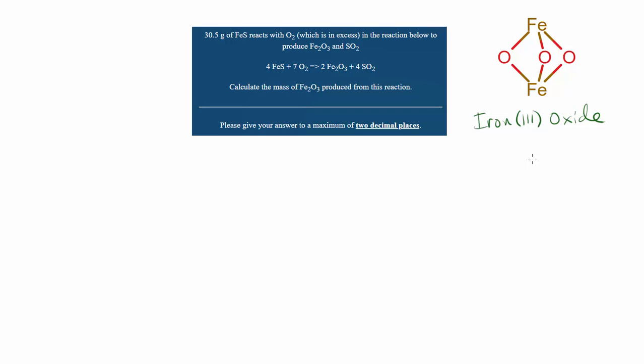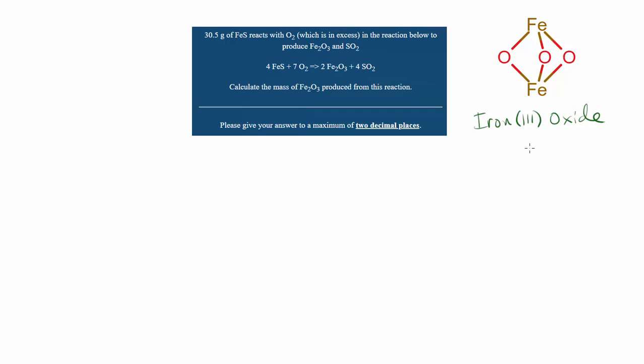And yeah, so we've been told that, well, not in those words, but we've been told that what is in excess is the oxygen, right? And based on that, we can infer that the limiting reagent in this reaction is actually the iron sulfide, right?